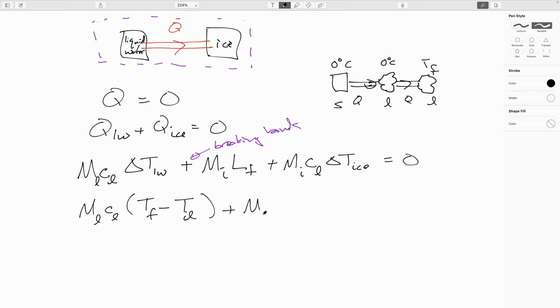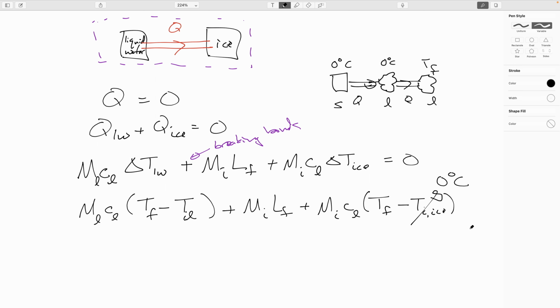We still have our latent heat term to account for breaking the bonds. And then this is going to be C_L. Now, this will be the same final temperature we had before. And for our initial temperature, I'll say T initial for the ice, but I will go ahead and immediately put in that that's 0 degrees C.